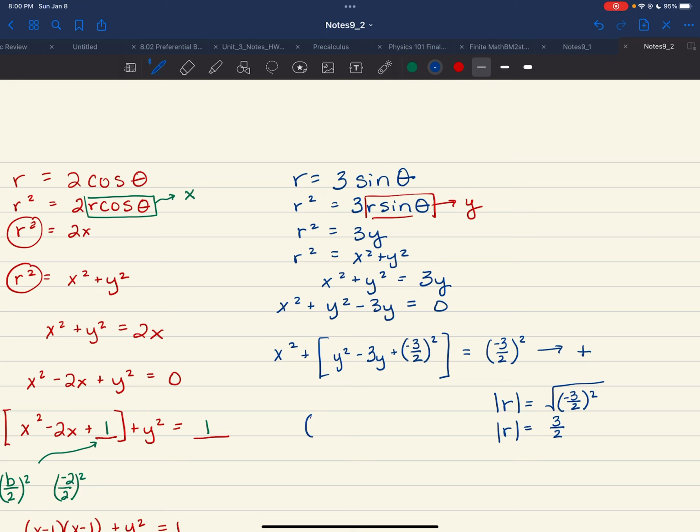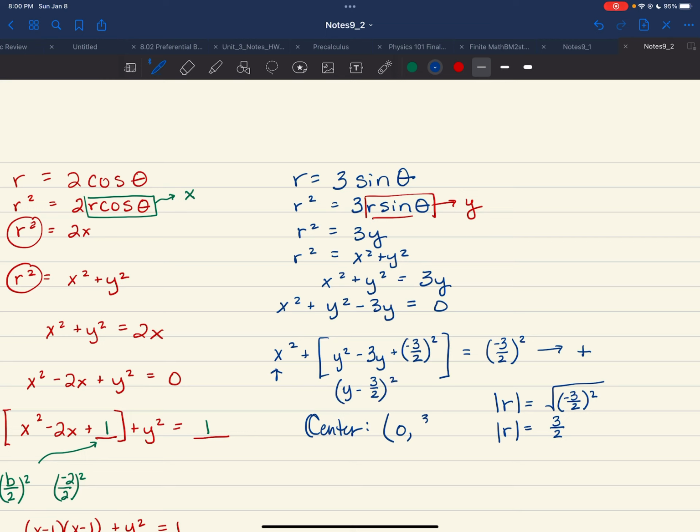So my center, right, the x value doesn't have anything added to it, so it's going to be a 0. And then this actually equates to y minus 3 halves quantity squared.